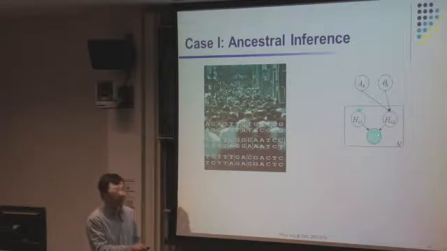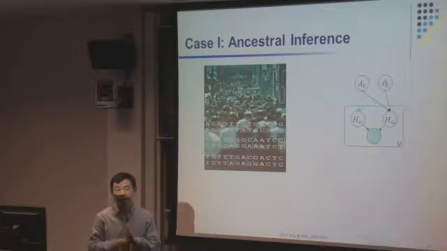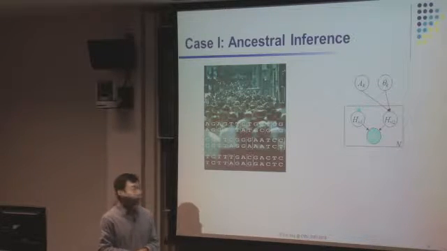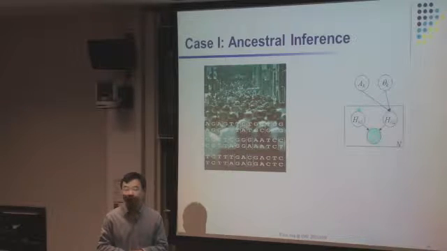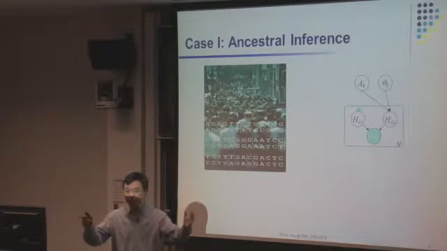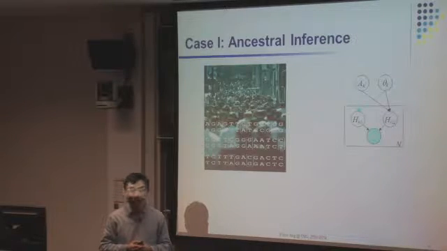I get population data of genotypes from a population, and I want to estimate your haplotype. And this problem really benefits from the following generative model, which says that there are, after all, a finite number of types of haplotypes in the world, at least in every region, because we all derive from some common ancestor, and then your particular haplotype is maybe a noisy version of that common founder.